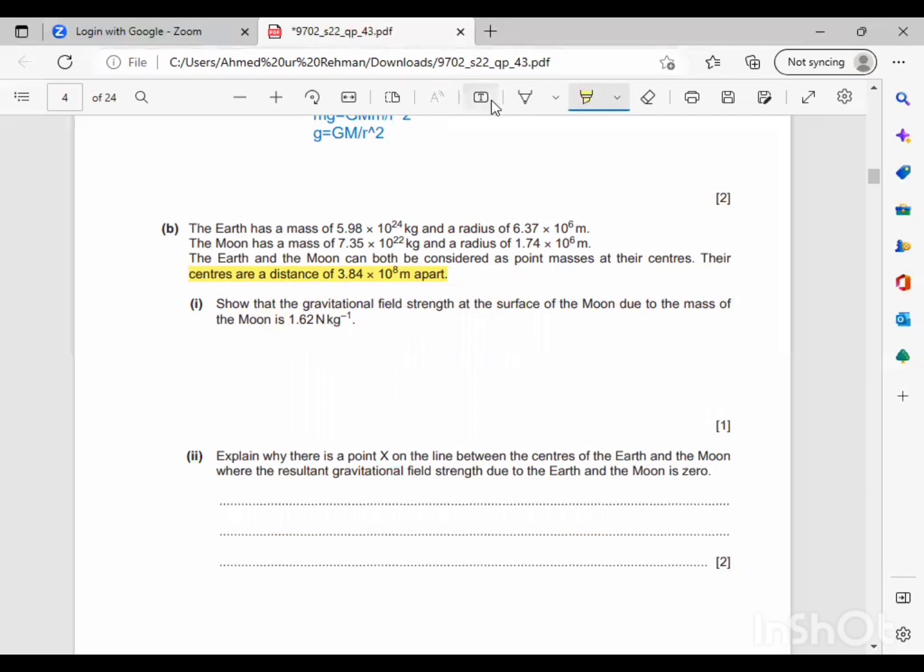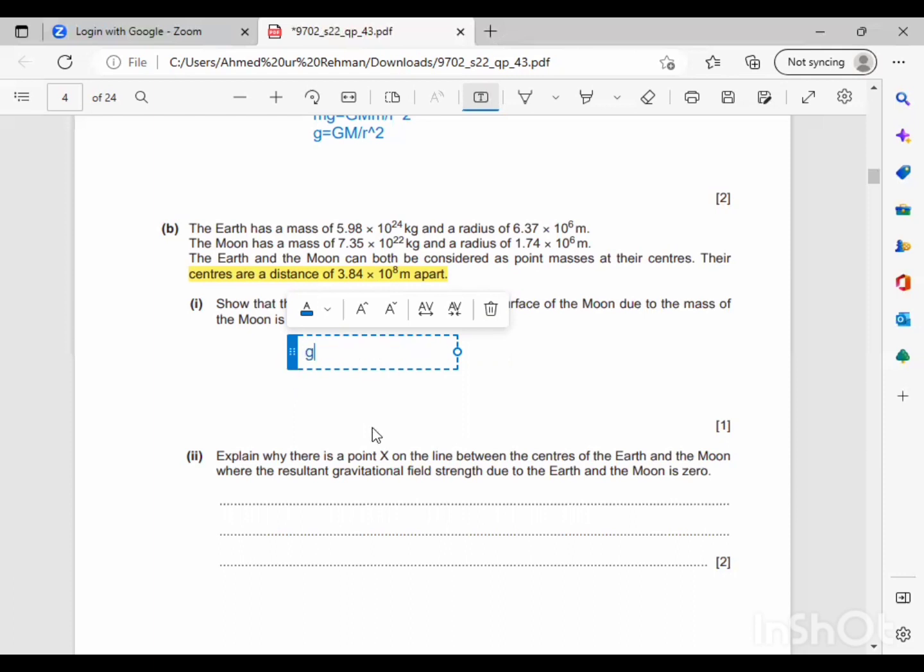They're saying you need to show that the gravitational field strength at the surface of the moon due to the mass of the moon is 1.62 Newton per kg. That's pretty simple. You know that g, your gravitational field strength, is equal to GM upon r square, and G is the constant of gravitation, 6.67 into 10 to the power minus 11.